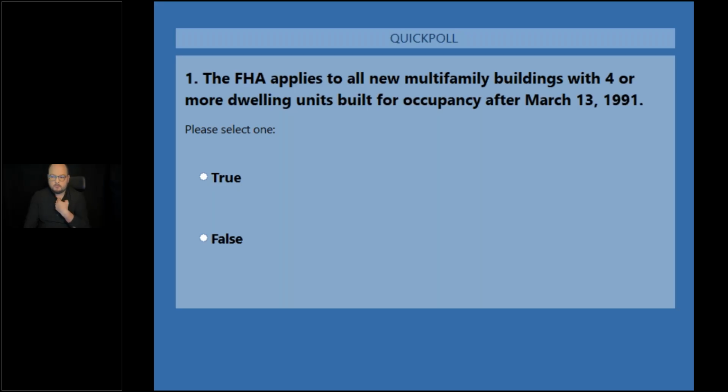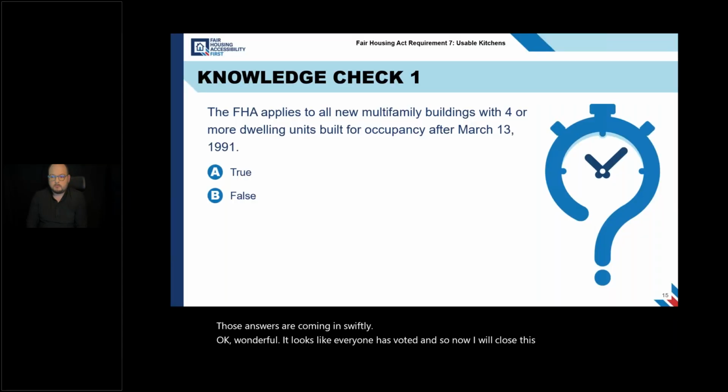Is that statement true or false? And I see those answers are coming in swiftly. Okay, wonderful. It looks like everyone has voted. And so now I will close this poll.